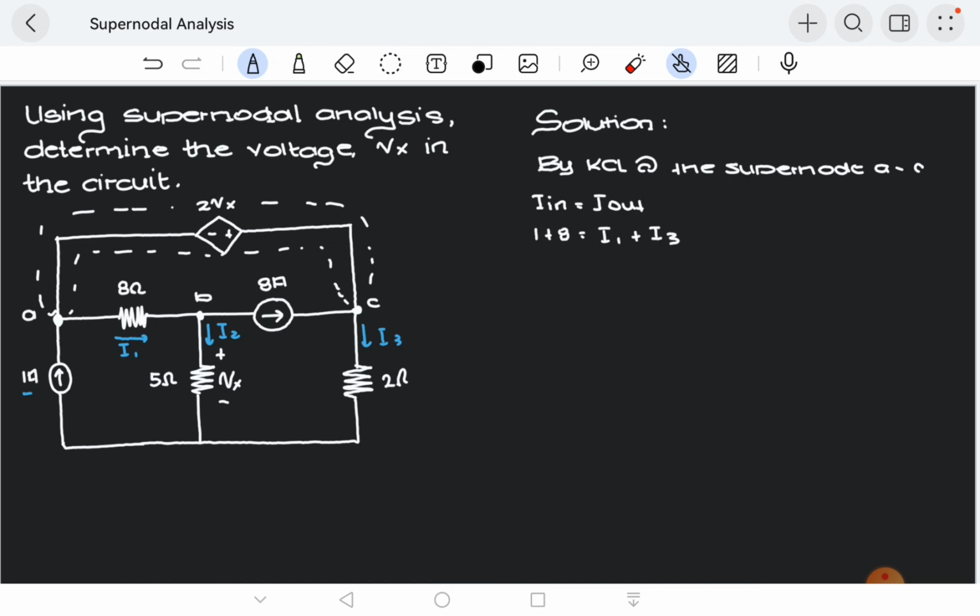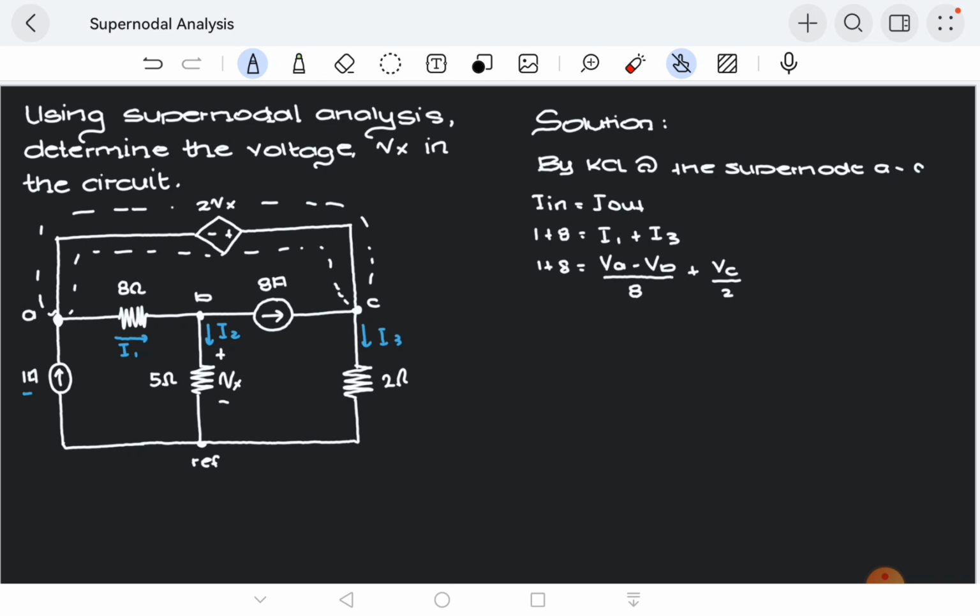So 1 plus 8 equals I1 plus I3. What is I1? I1 is the potential difference of A and B, so VA minus VB over 8. And I3 is VC over 2. This is the reference node. Reference node has a voltage of 0.